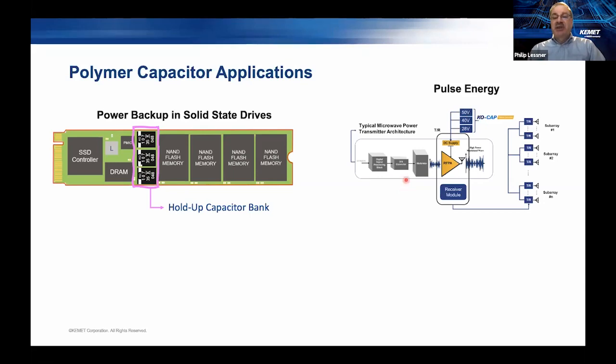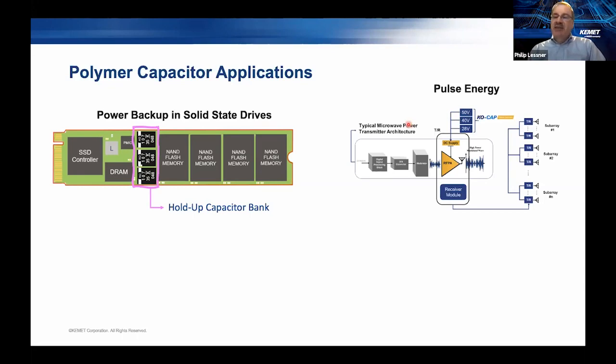So when the transmitter needs to transmit significant power, they're used to supplement the power supply. So these capacitors could range for use from 28 to 50 volt rails, and therefore 35 to 75 volt capacitors.